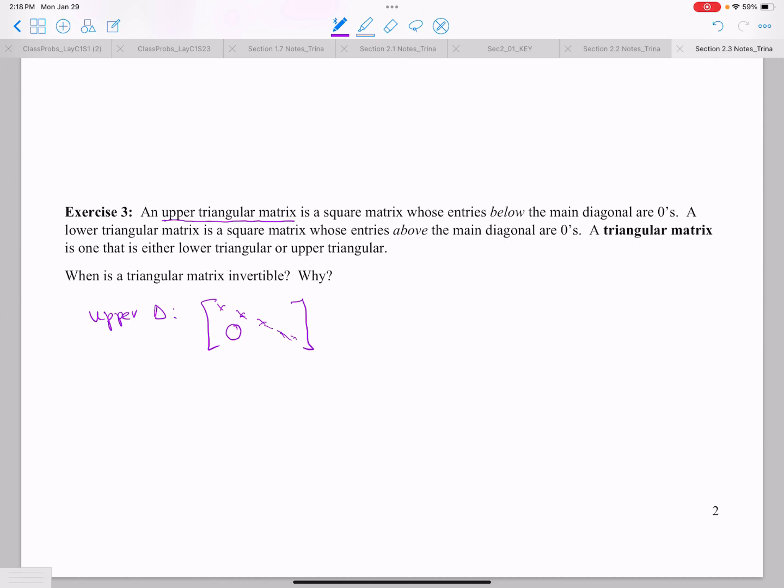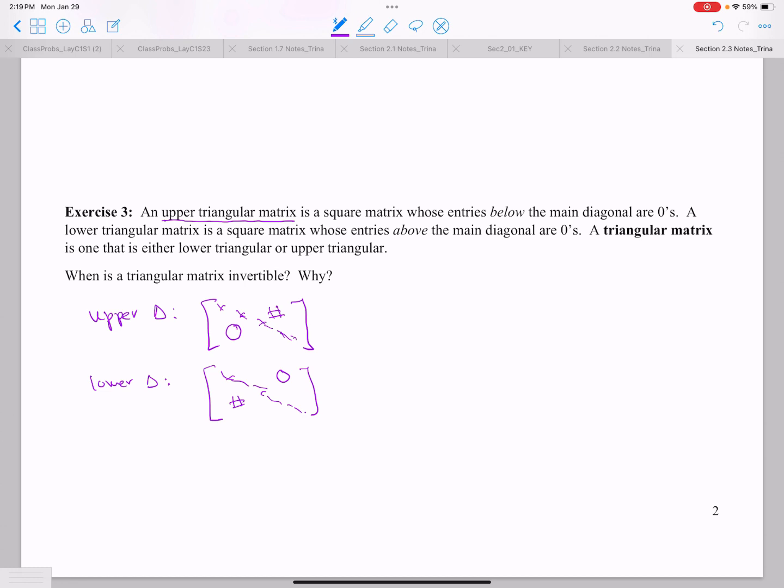A lower triangular is kind of the opposite. You have your diagonals and your 0 above. Upper refers to there being stuff in the upper part, and lower meaning there's stuff down here. I'm just putting in numbers. If you are either upper or lower, you are considered triangular.